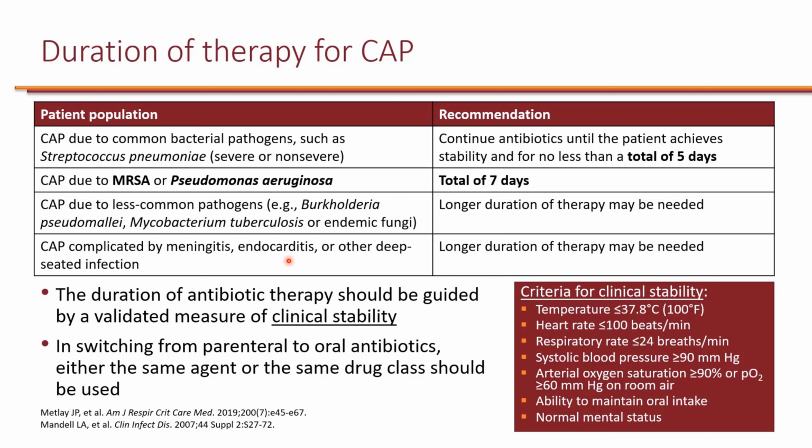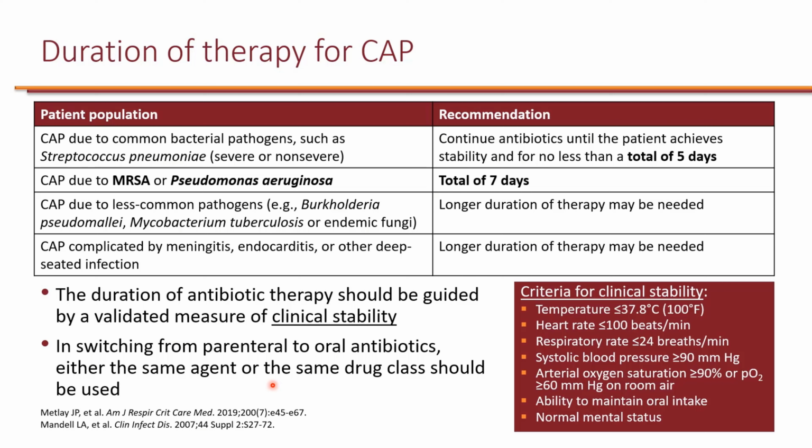Now, as patients achieve clinical stability, it's important to switch from parenteral to oral antibiotics. And when we do that, you can either use the same agent. For example, if you have something like azithromycin or fluoroquinolones, it's easy to use the oral bioequivalent of the same agent that was IV. However, some agents are only available as IV.